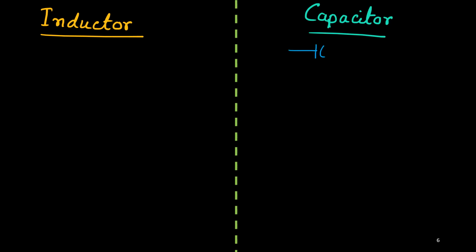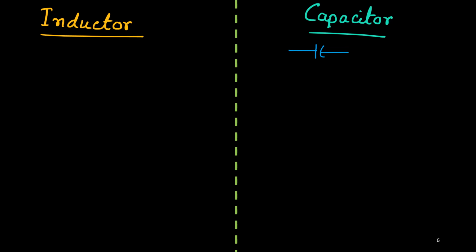This symbol sometimes I'll draw with this kind of bending, but remember there is no difference between these two plates. I'm not considering anyone positive or negative, so any direction we can apply the voltage. But this kind of shape generally I'll use to avoid confusion about the DC sources. Okay.